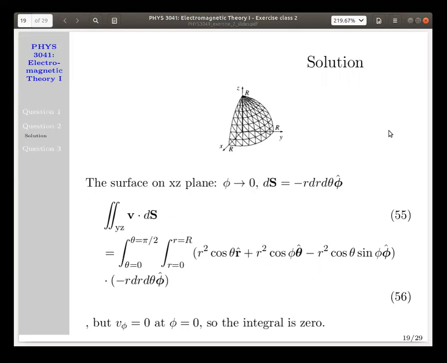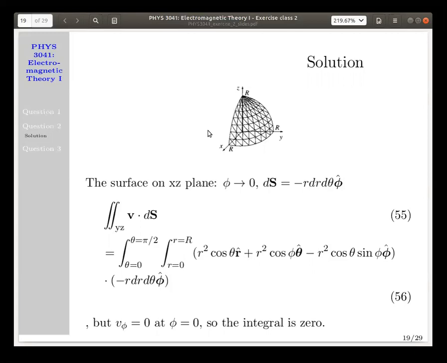And finally, we do the integrations on the surface on the XZ plane. So on this plane, phi goes to 0, and then the differential area is minus R dr d theta phi hat. The reason of having the minus sign here is because the lower vector of this surface is pointing to the negative y directions.